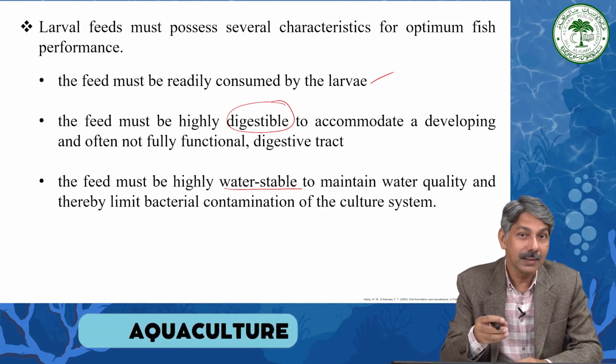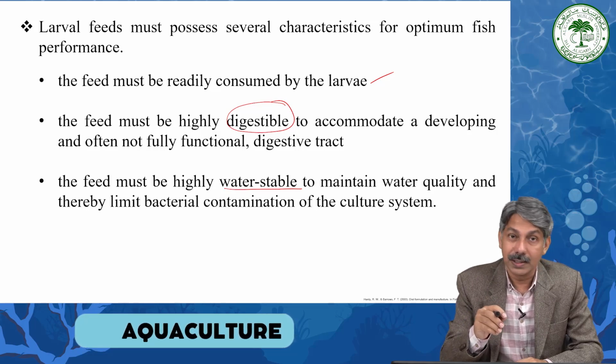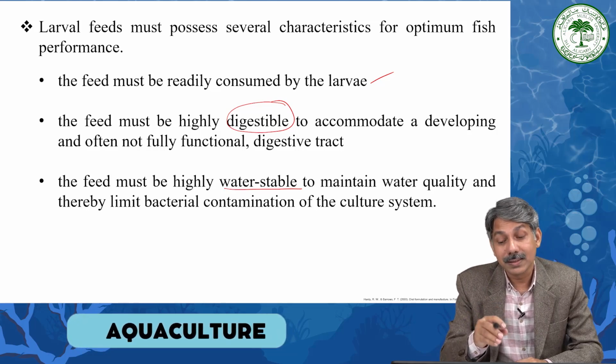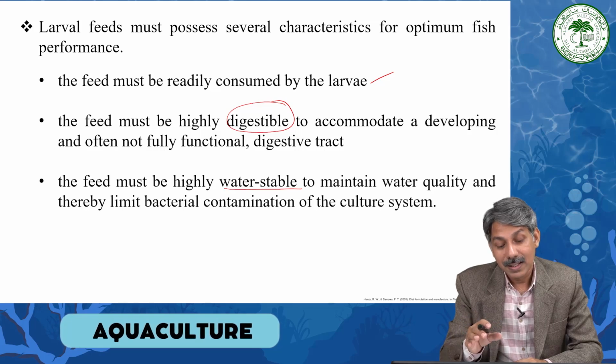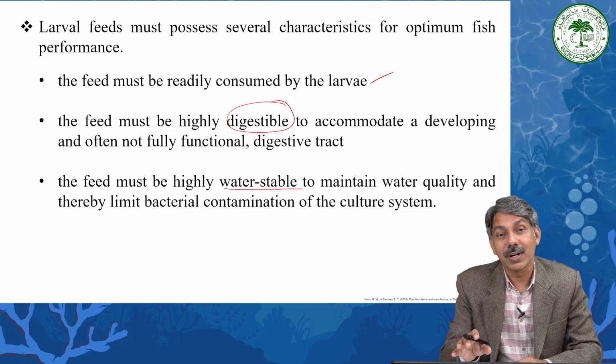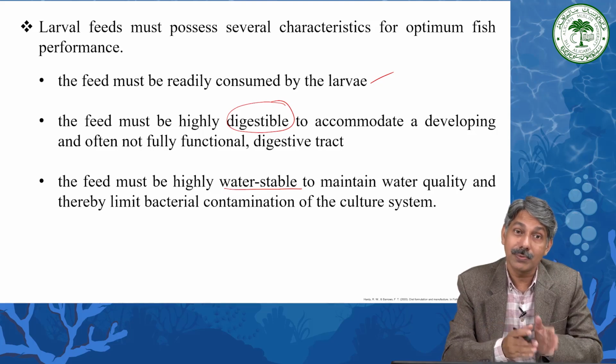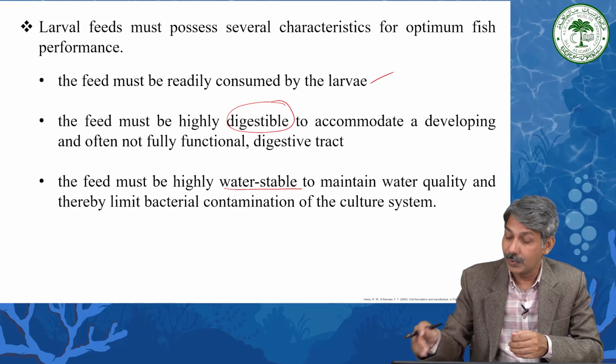The other problem is that nutrient leaching from the diet will deteriorate water quality also, and these larvae are very sensitive to water quality parameters. So if water quality deteriorates, there may be mortality, not because of the feed but because of deteriorating water quality.